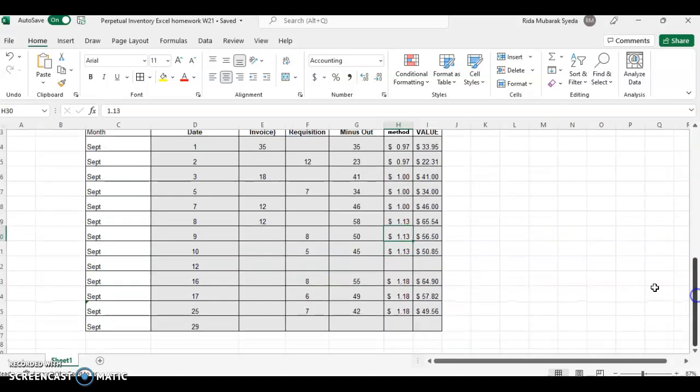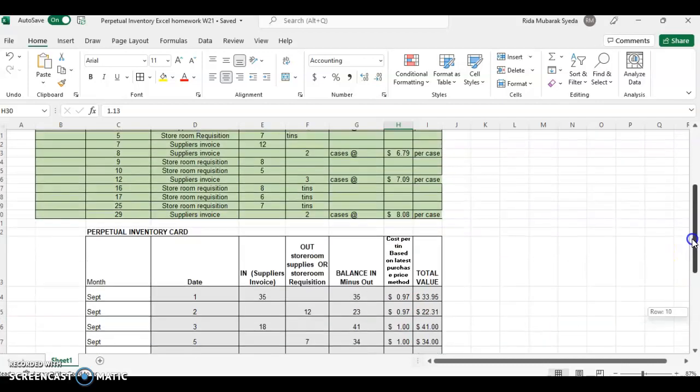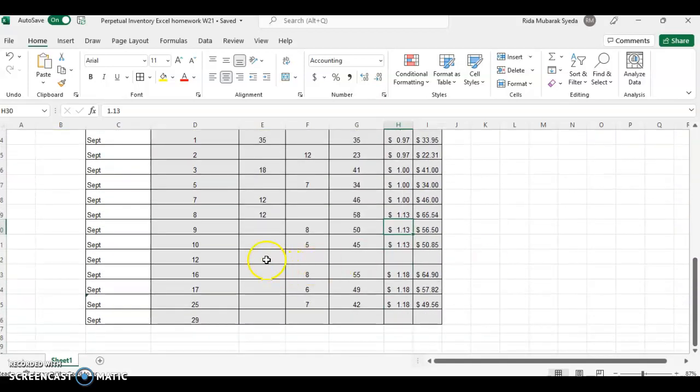Alright, for the next one, for September 12th, we had an invoice of 3 cases. So 6 times 3 is 18. We add both of our values, and we get 63 as our new balance in. On my paper calculations, I got 1.18.